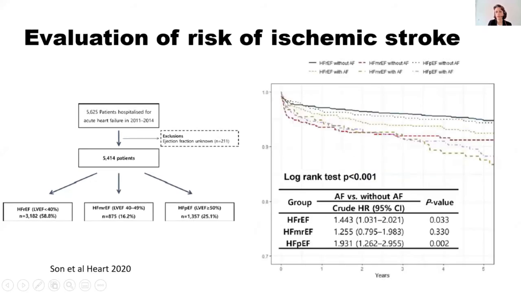And what you can see in this Kaplan-Meier curve is that the risk of stroke was highest among patients with HFpEF, with and without atrial fibrillation, sorry. You can see that the presence of HFpEF is significantly associated with the occurrence of a stroke, either with or without atrial fibrillation, and that is important.